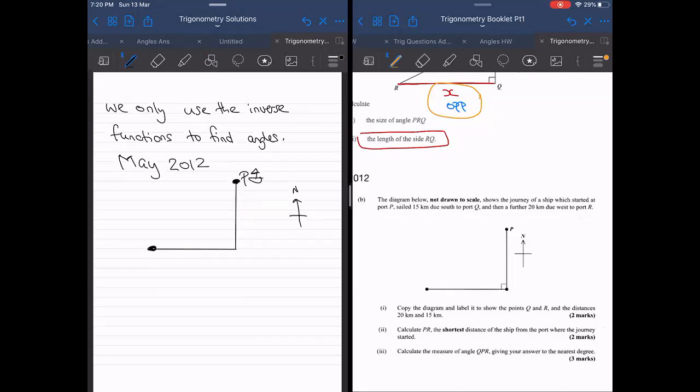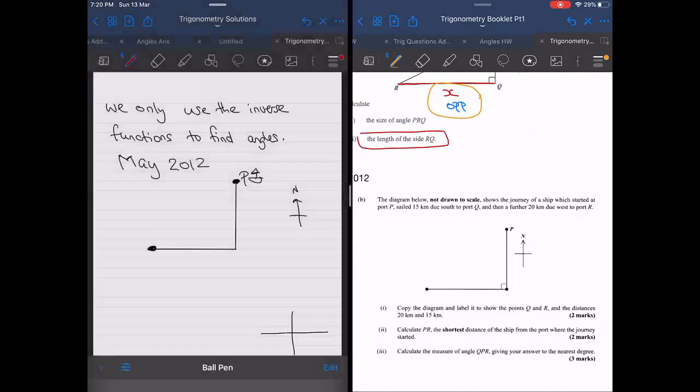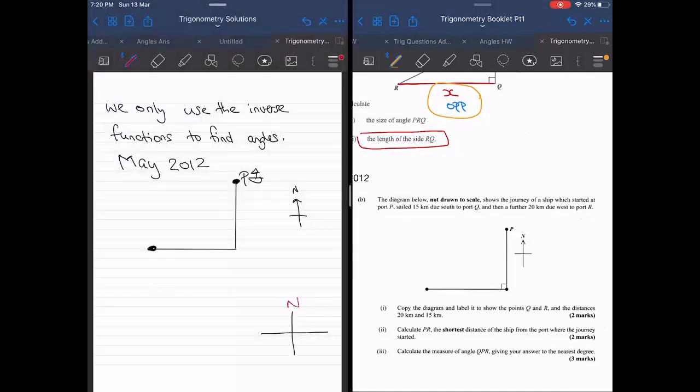So the first thing we need to know is that this is north, this is south, that's west, that's east. So the first thing is that you have to know where's north, where's south, where's west, where's east. That's the first thing.